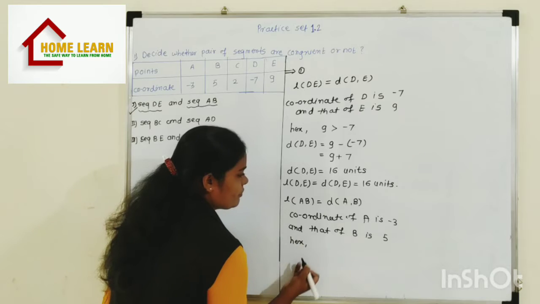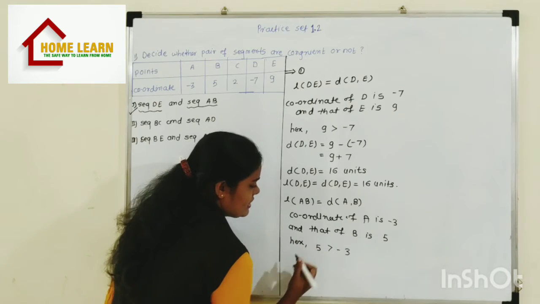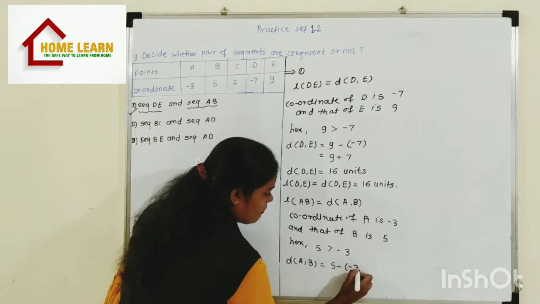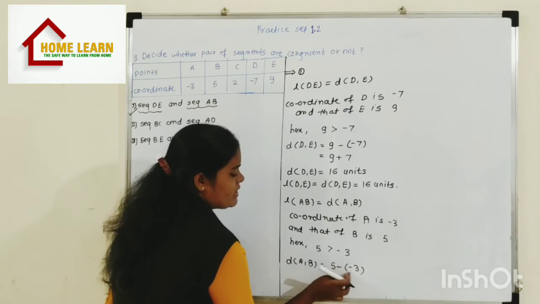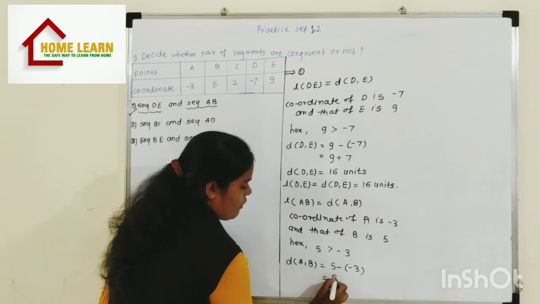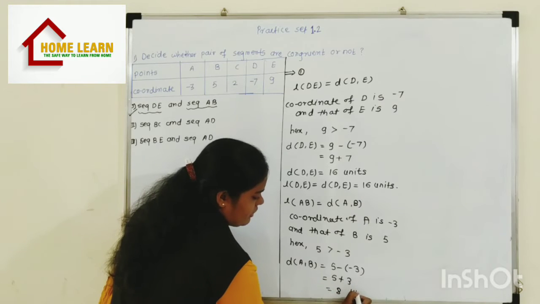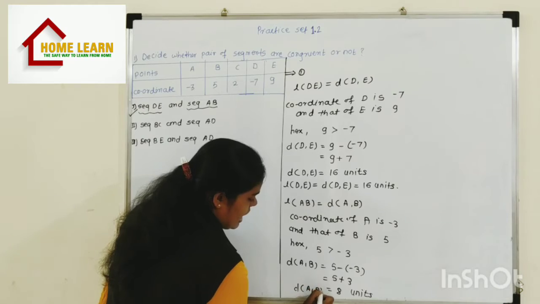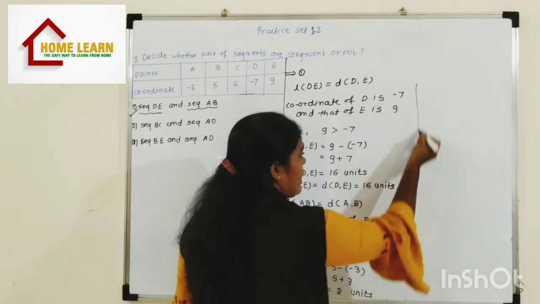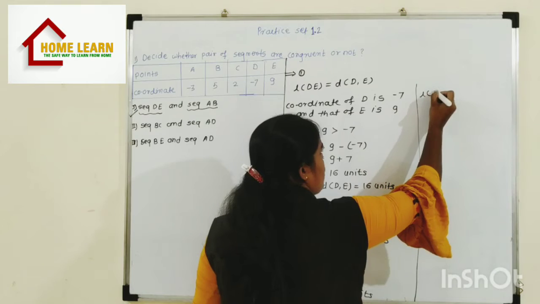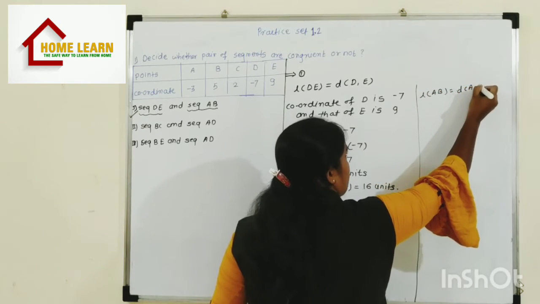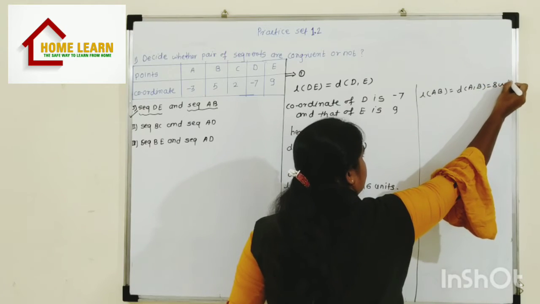Here also 5 is greater than -3, so the distance between points A and B is 5 minus -3, greater coordinate minus smaller coordinate. So 5 plus 3, as negative becomes positive, and we get the answer 5 plus 3, 8 units. So right here the distance between point A and B is 8 units, and we can write this as the length of segment AB, which is equal to the distance between points A and B, is 8 units.